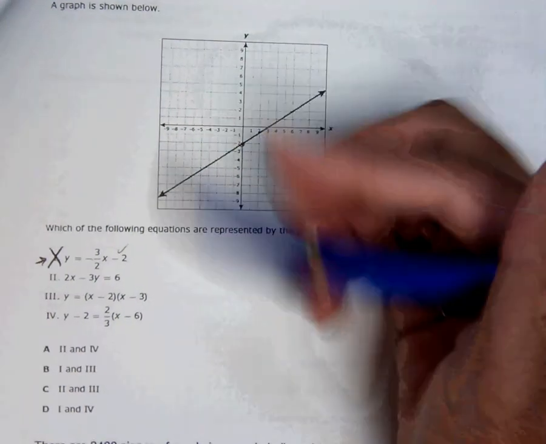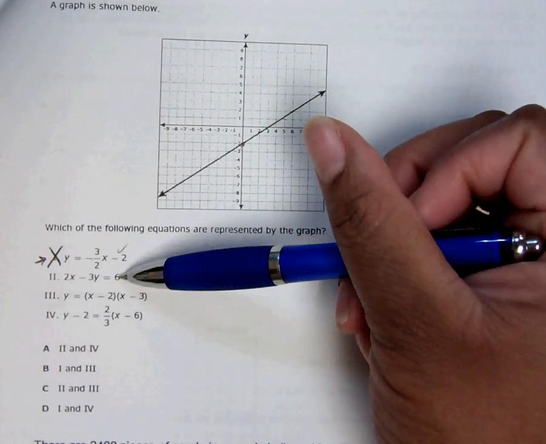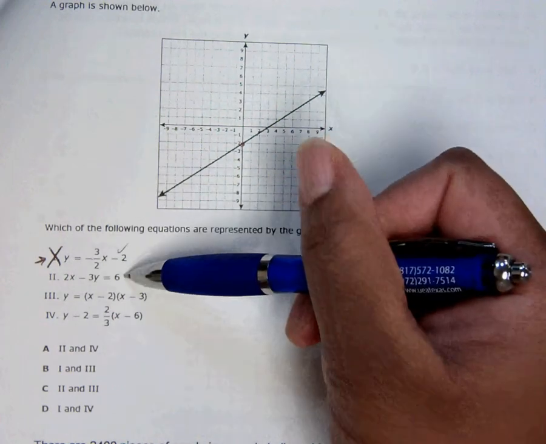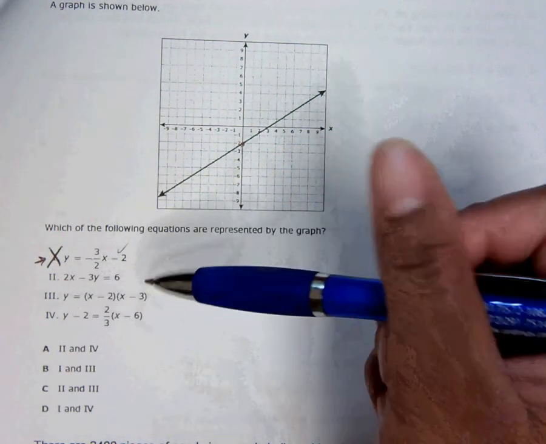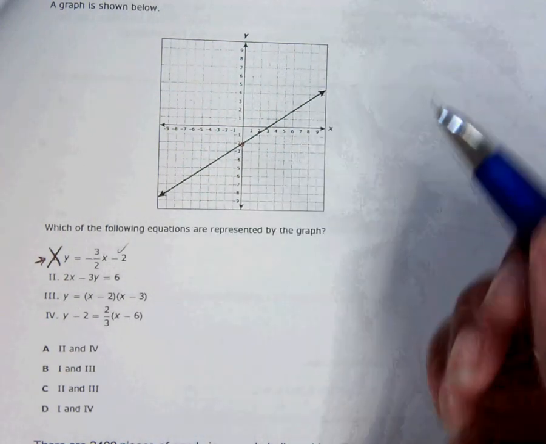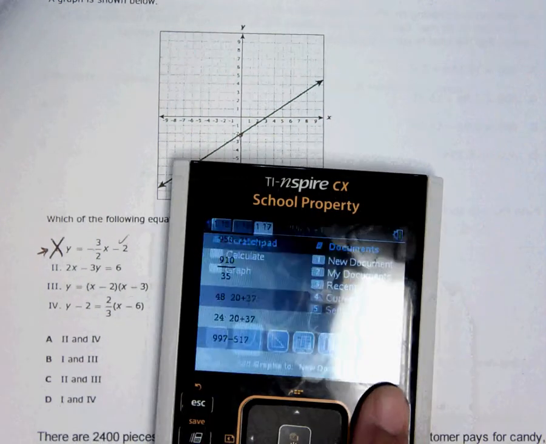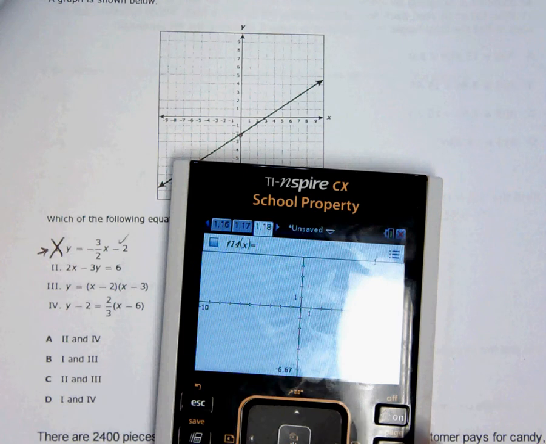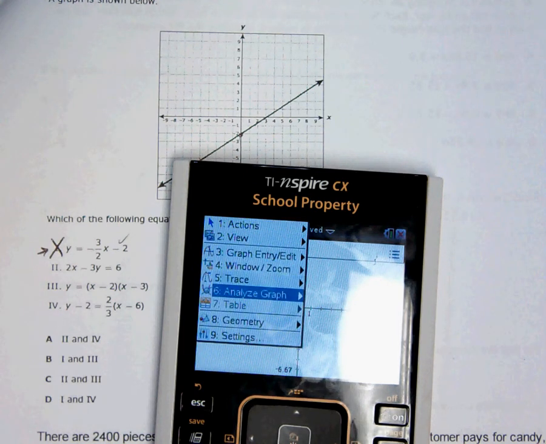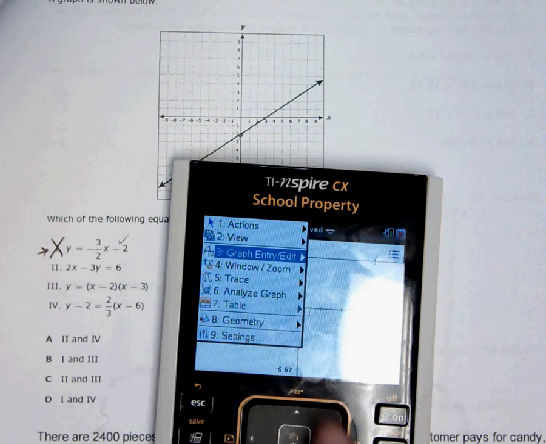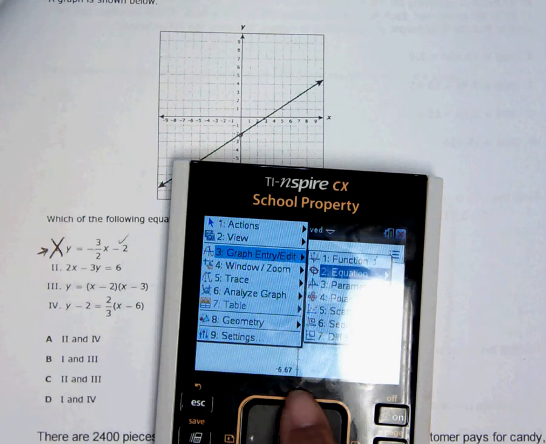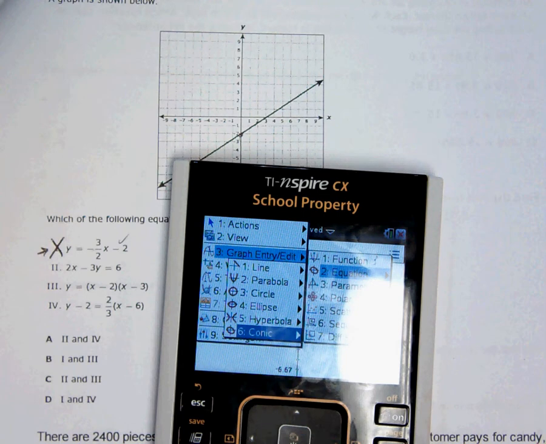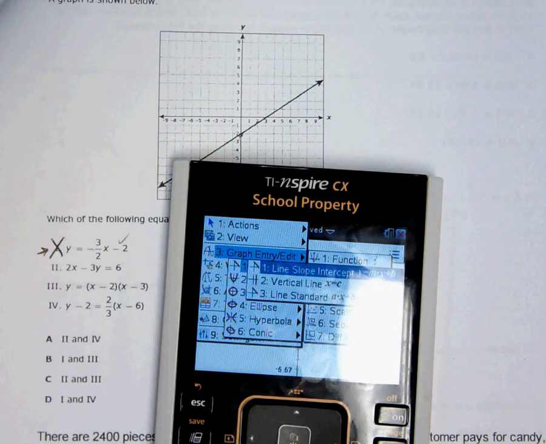Okay. So now we have to do this one. You should be able to solve for y at this moment, but if you can't, I want to show you a little trick that I haven't shown you. So go to menu 3, 2, because we're talking about an equation, 1, 3.